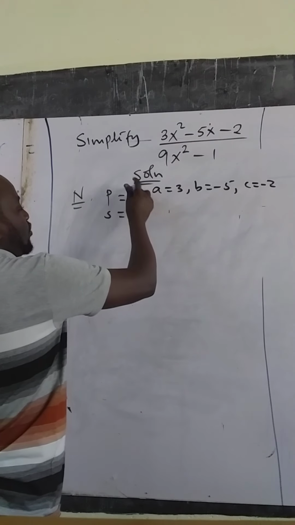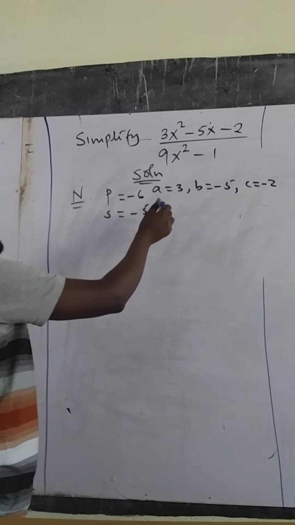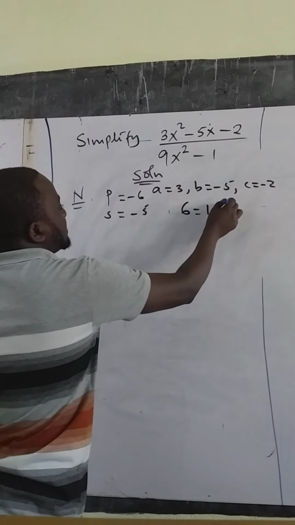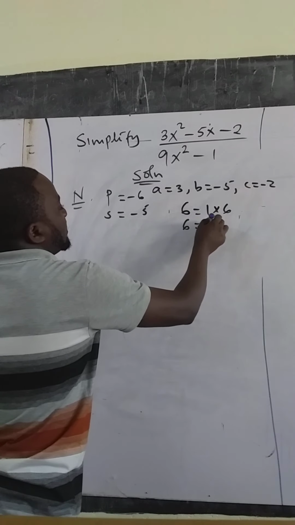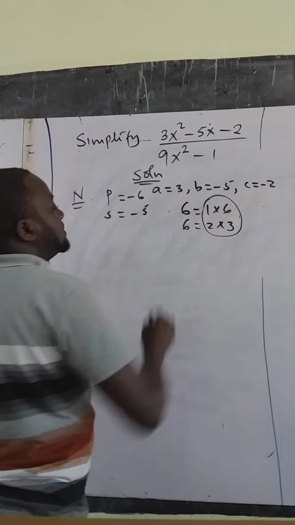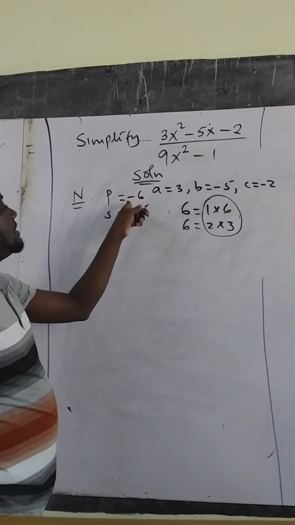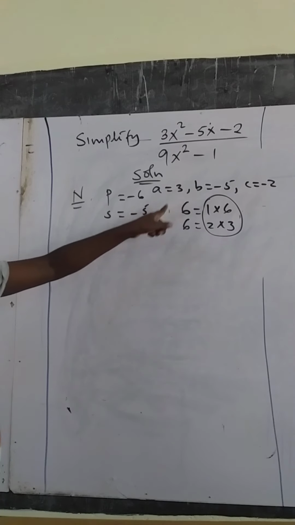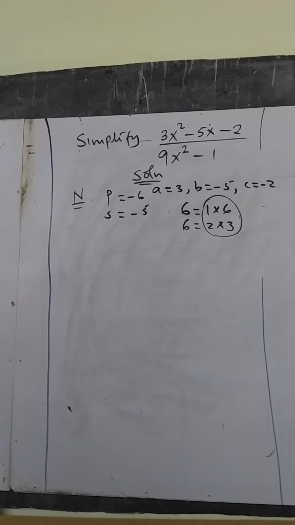Now take the absolute value of negative 6, which is 6, given by 1 times 6, and 6 is also given by 2 by 3. Manipulate these numbers to satisfy this condition.